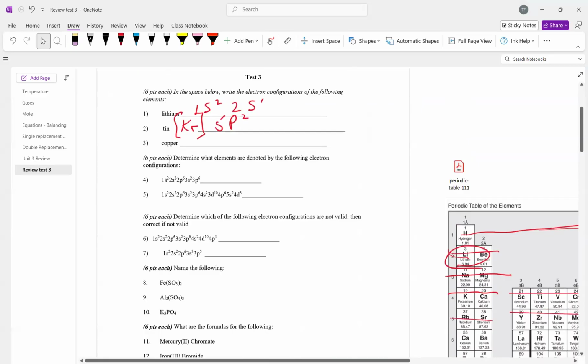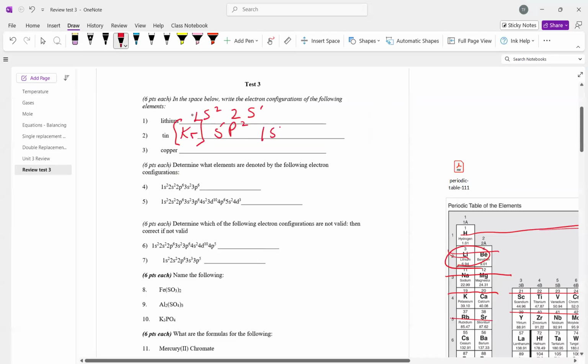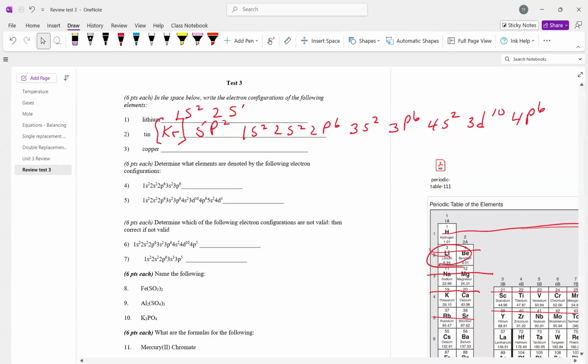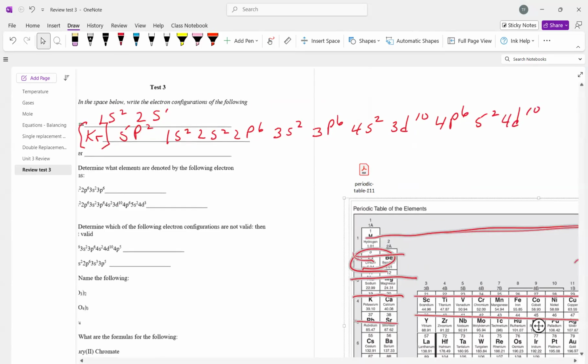Okay, then we're going to do the long way. And it's a really long one.